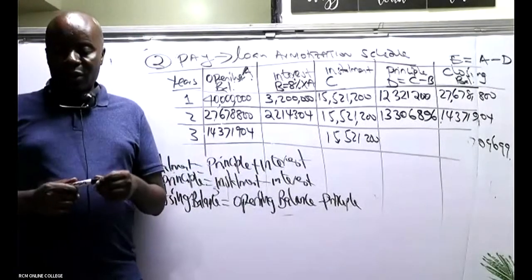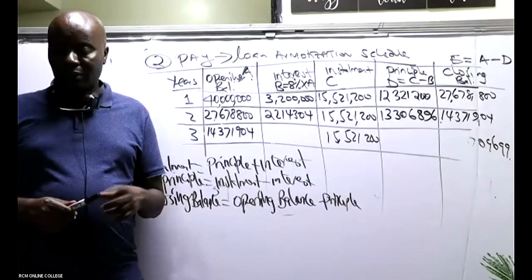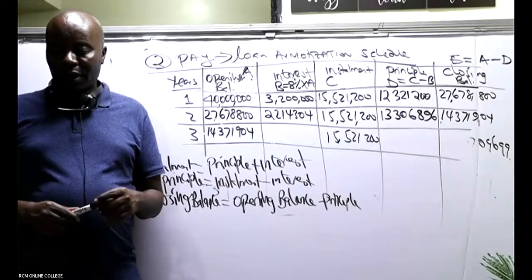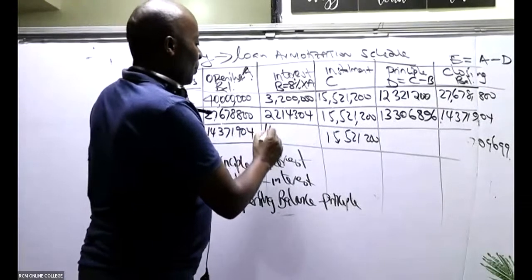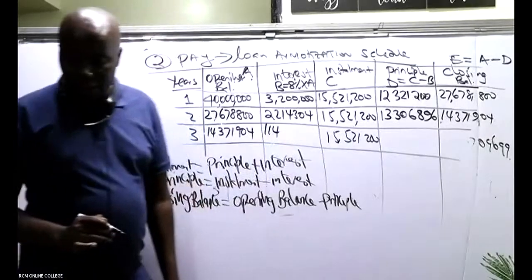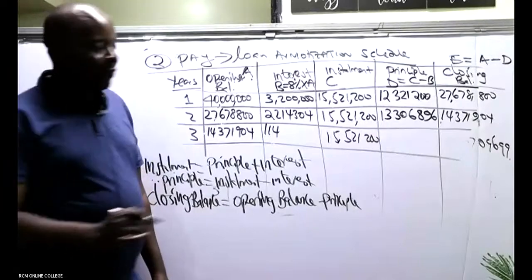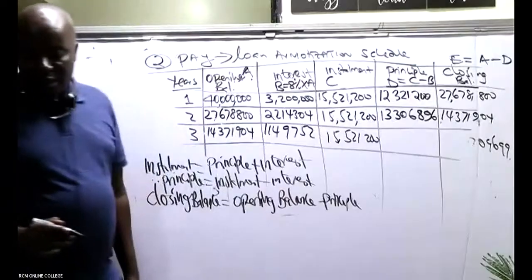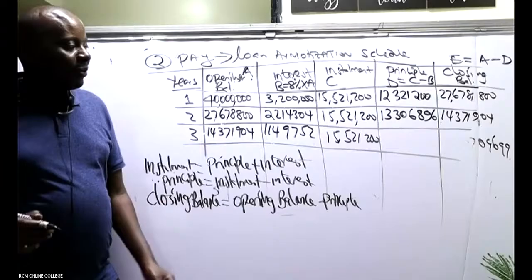So then are you able to give me the interest for year number 3 as we finish? So we have here 1,149,752, point something, right?